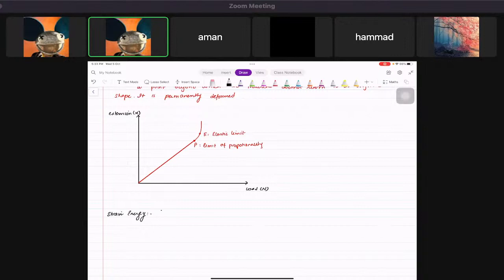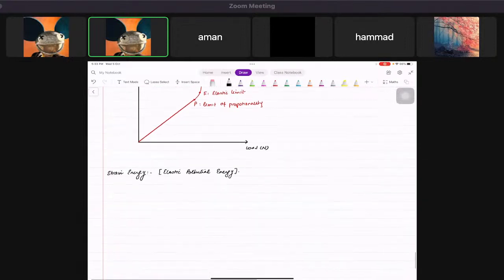Strain energy is basically elastic potential energy. Okay, so this is what strain energy means. Both are the same thing.